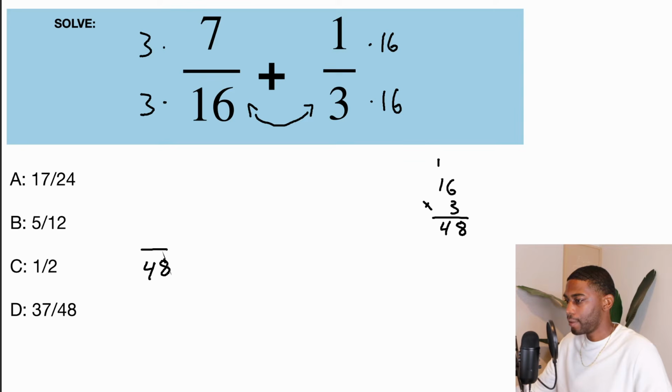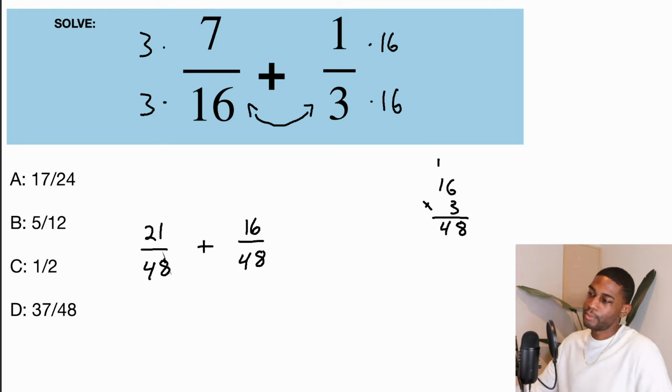We are adding. All right. 3 times 7 is 21. And 1 times 16 is 16. 21 plus 16.